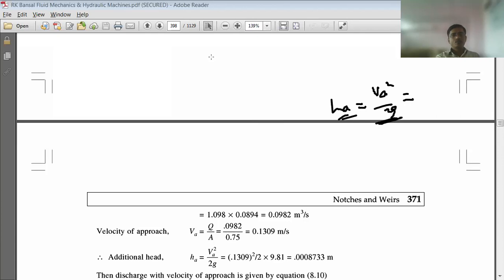Many students have got the answer as 0.00087. Anisha, you might have done some mistake. Find the value of VA. Check the value of VA. Sir, the VA value 0.131. So clearly, VA is equal to 0.1309. That's the value.